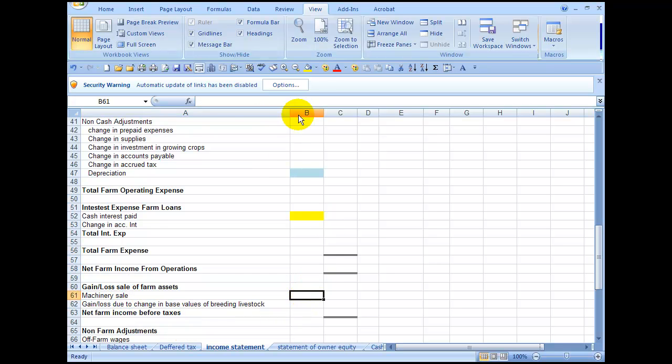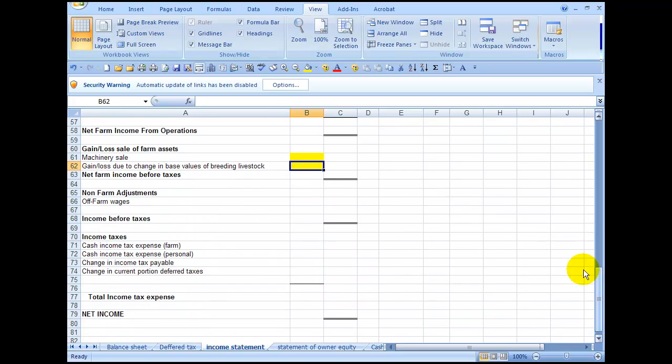Machinery sales, if we have a gain or loss of machinery sales, or a gain or loss due to a change in our base value, that would be something that we'd put in. Off-farm wages. And then coming down here, income before taxes is a formula. We're in the income tax section. We have cash income tax expense, personal income tax expense. Both of those are cash amounts, so they're yellow.